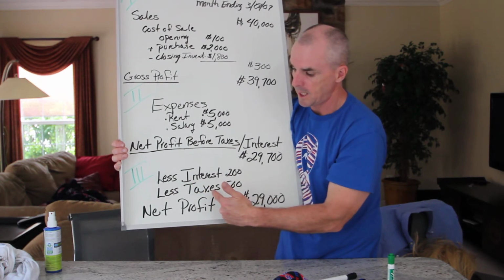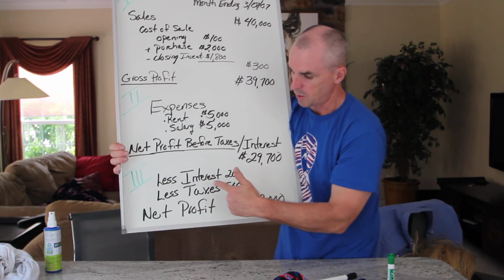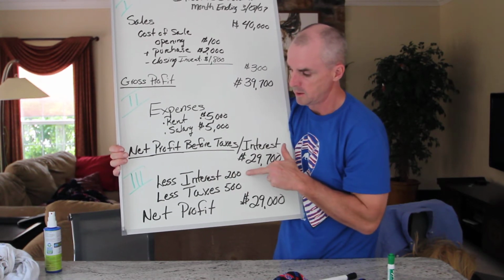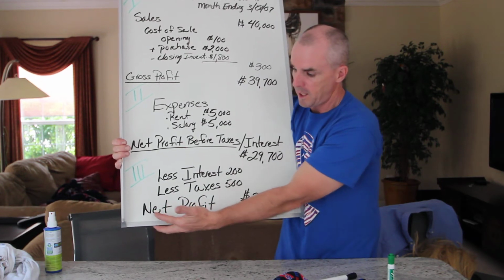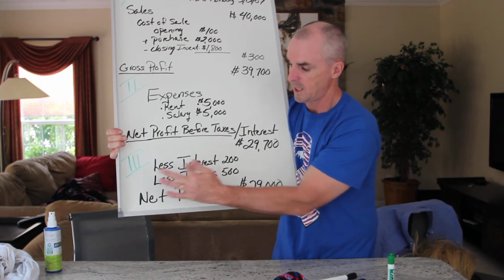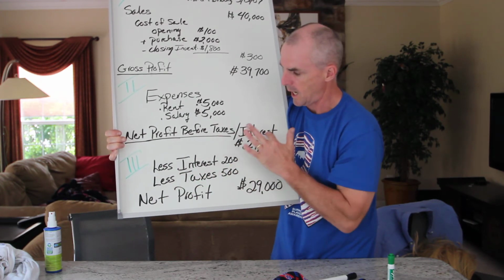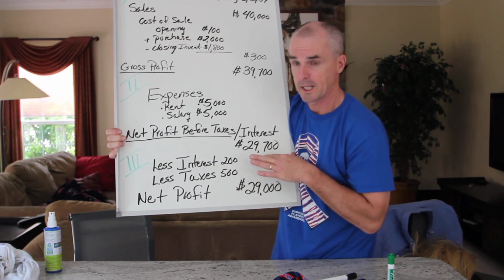So our taxes are $500. So if interest is $200, taxes are $500, I'm left with a net profit of $29,000. So I'm taking my interest, taking the taxes away from this net profit before taxes.